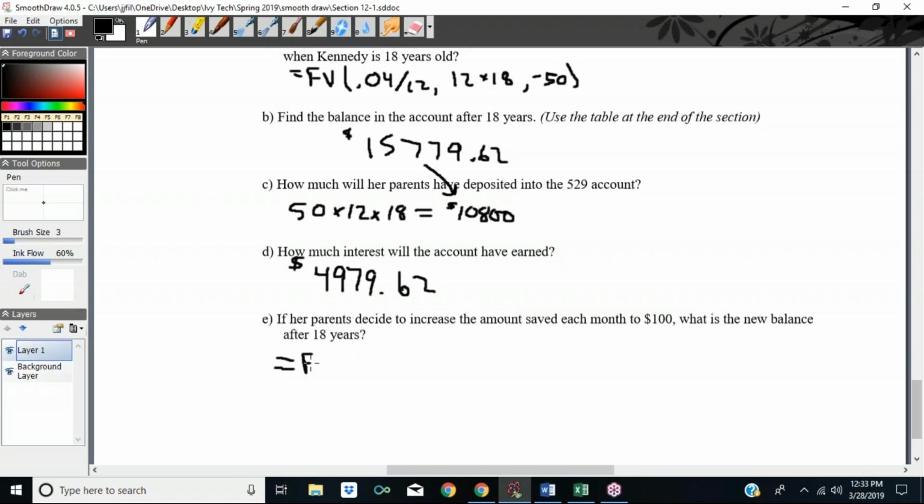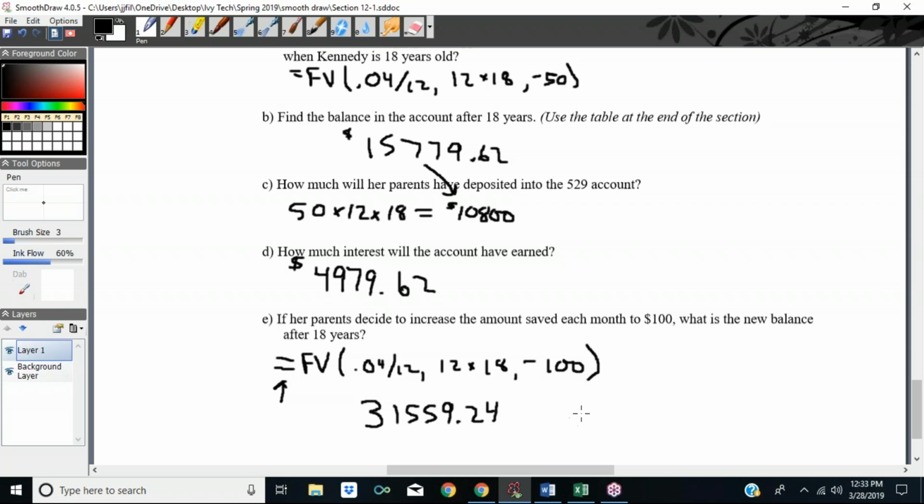Well, the Excel function we would put in would be the FV, .04 divided by 12, 12 times 18, and then negative 100. So make sure if you're asked to write this on an exam that you don't forget to put the equals sign in, because that's part of it. And it looks like $31,559 and 24 cents.